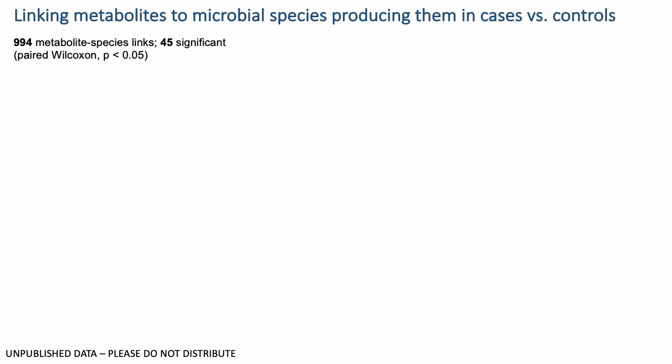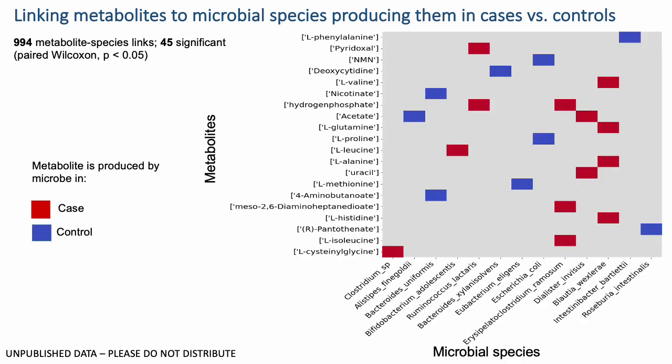So what we did here was extract from our simulations all species-metabolite linkages representing whether a microbial species produces a specific metabolite. We uncovered close to 1000 such species-metabolite pairs, out of which 45 turned out to be significantly different between cases and controls. In this heat map, we have shown the top 20 such species-metabolite pairs with the highest fold change between cases and controls.